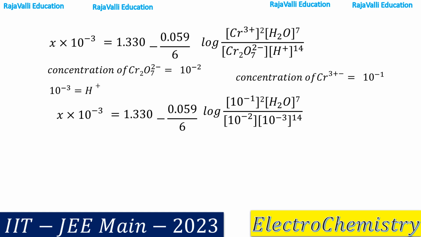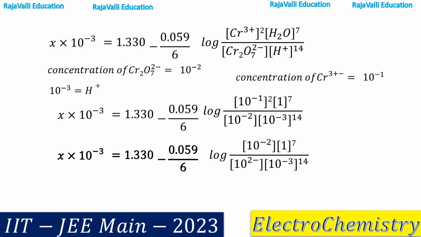Here the logarithm terms should be simplified. So 10 to the power of minus 1 into 2, we can write as 10 to the power of minus 2. And in the denominator, 10 to the power of minus 3 into 14, we can say 10 to the power of minus 42.